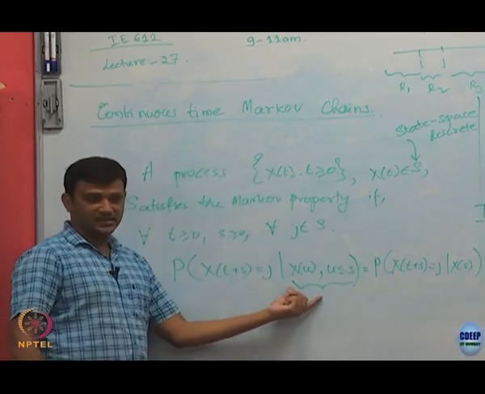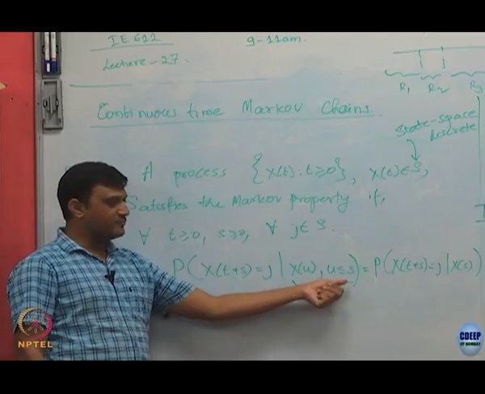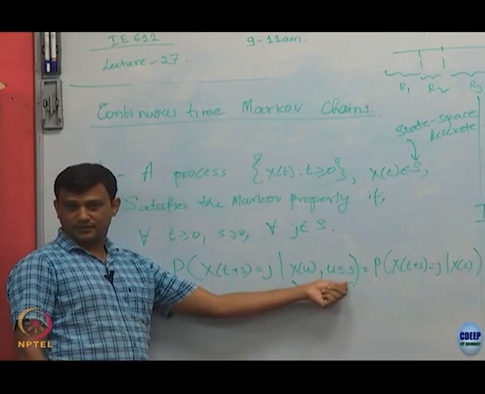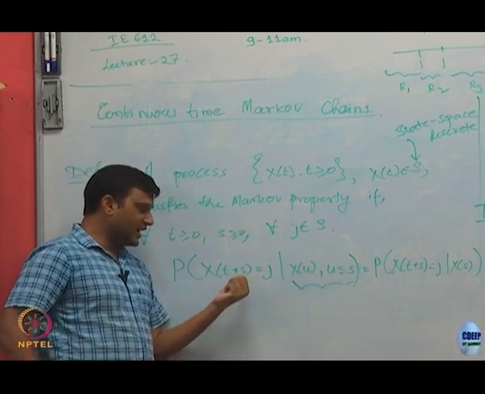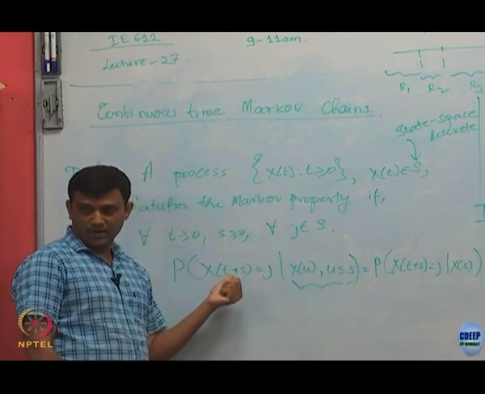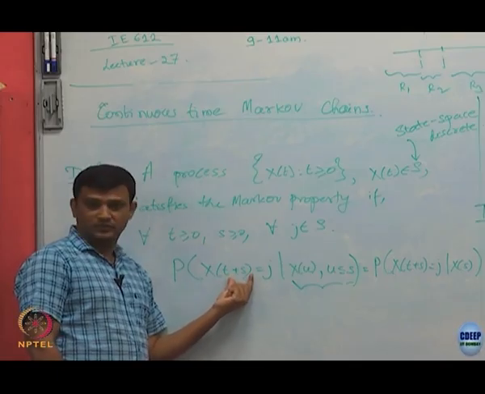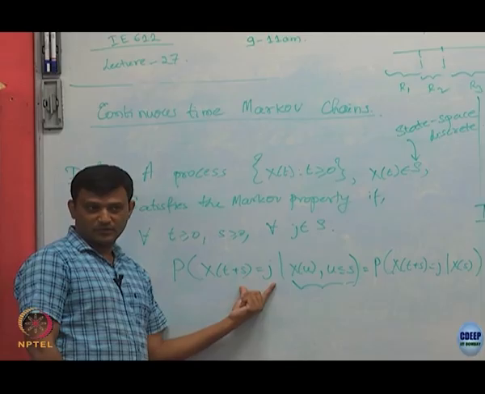This condition here tells that you have been told what your process is till time s, and now you are interested in knowing what is the probability that in further t more time, that is s plus t, you are going to take state j. What is this probability?